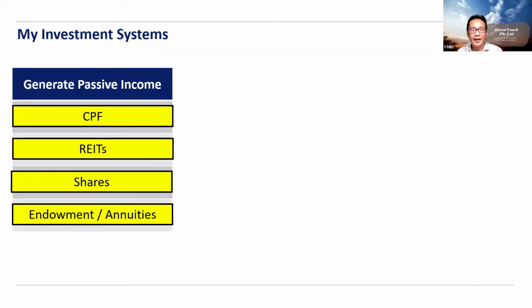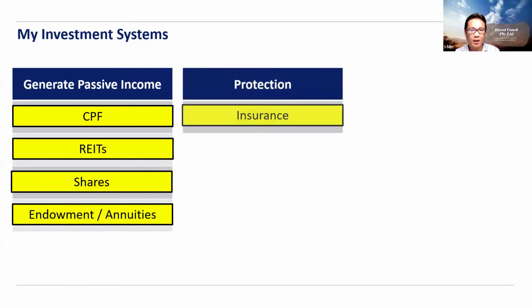Now, again, we cannot just have instruments that give us passive income. We also need instruments for protection. For example, during the COVID period, I still remember in February 2020, when I was told that all my classes were cancelled and could no longer be held at physical places.